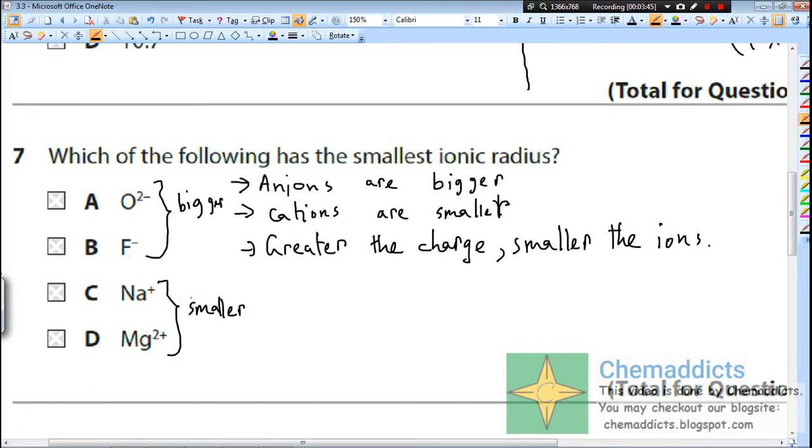Now let's have a look at cations. Cations are positively charged ions, which are smaller than their usual atoms.